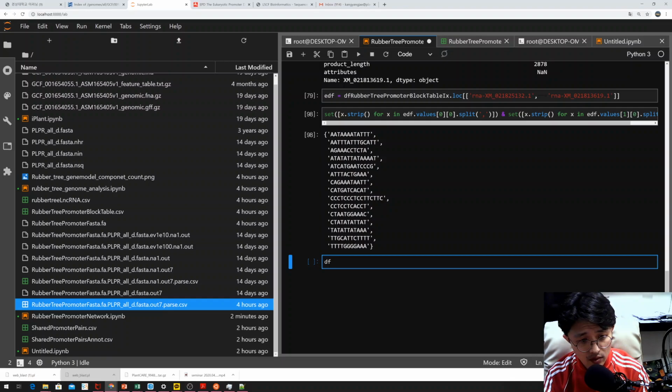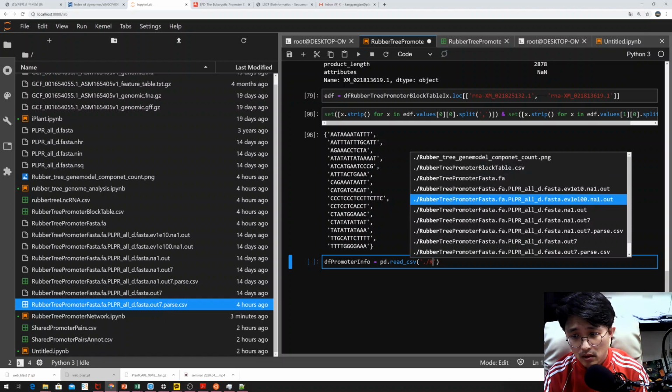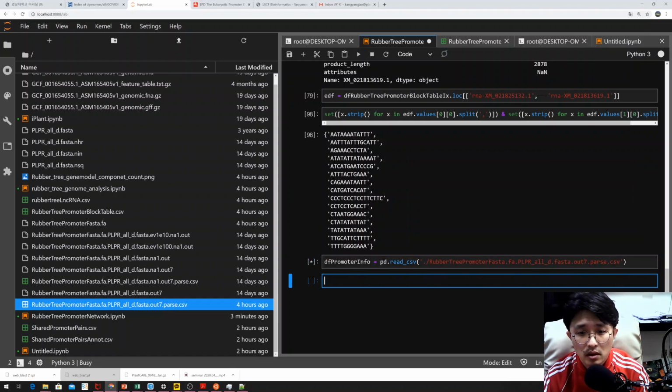So I will load the promoter info CSV and parse the CSV.